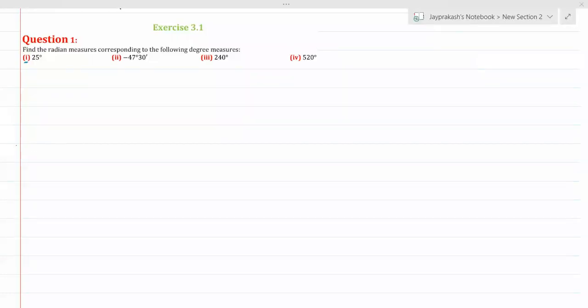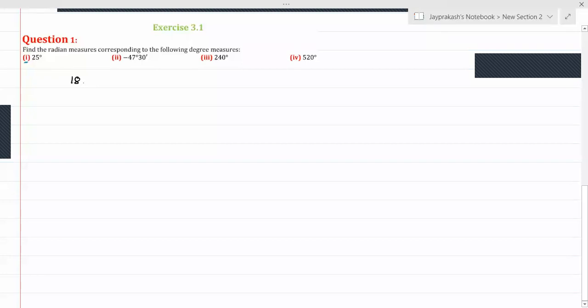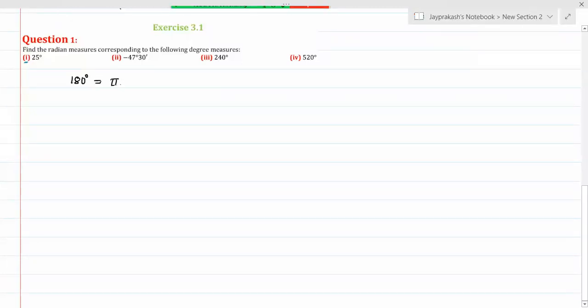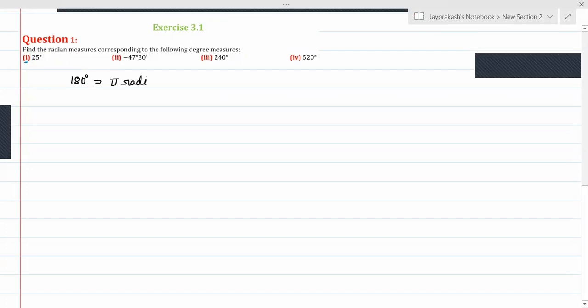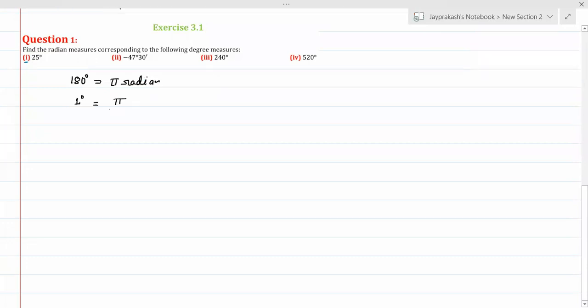So we have already discussed in the theory that 180 degree means pi radian. So when we change to 1 degree, that is pi by 180.